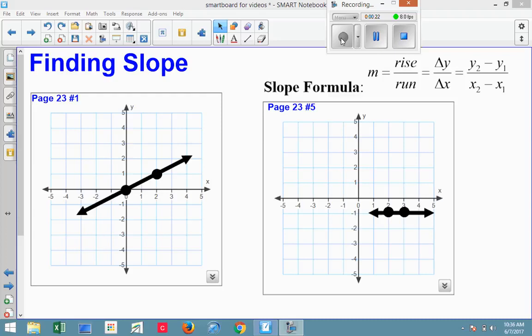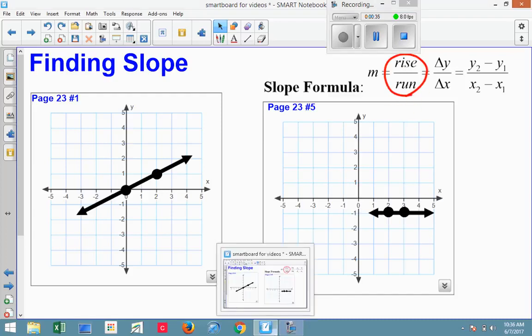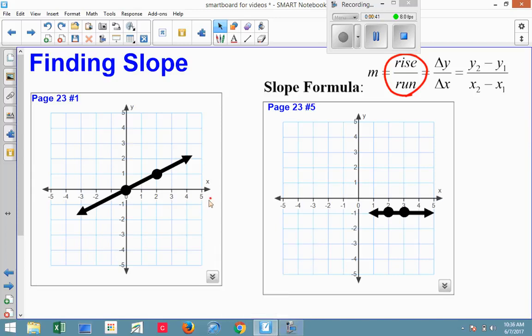So when we have a graph, we remember that we have a formula for slope. And when we have the graph, we really just care about this part of the formula, which says slope, or m, is equal to rise divided by run. Looking at this graph, I'm going to start at a point right here.